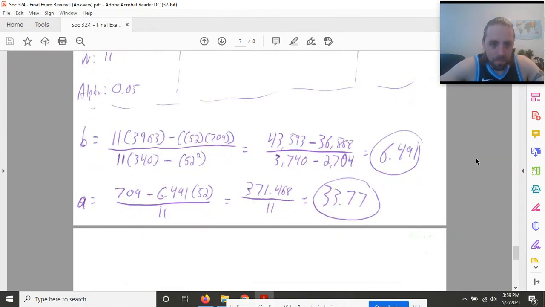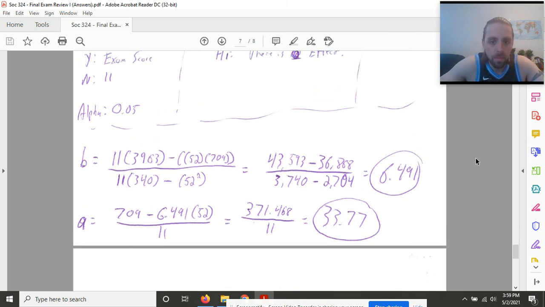B is 11 times 3963 minus 52 times 709 over 11 times 340 minus 52 squared. Do the math on that, and you get a B value of 6.491.